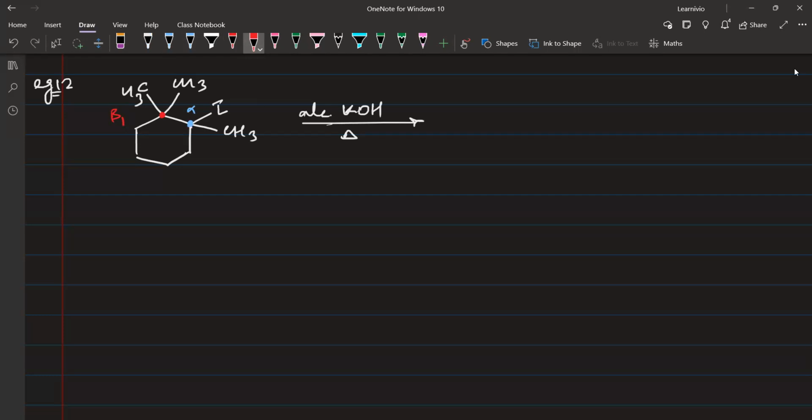Then I have this as my beta 2, and this carbon as my beta 3. How many hydrogens are there in the beta 1 carbon? 0 hydrogen. 0 hydrogen, right? If there is 0 hydrogen, hydrogen cannot be removed from here at all. Make sense? Hydrogen is removed from, right, so hydrogen will not come out from there.